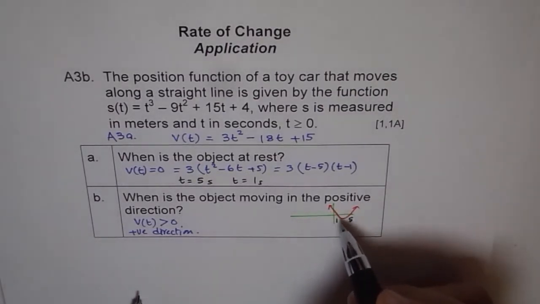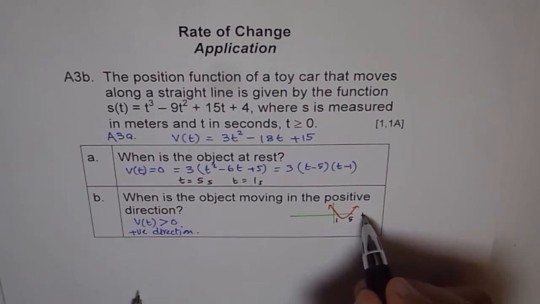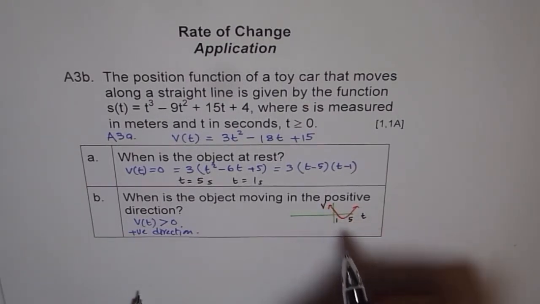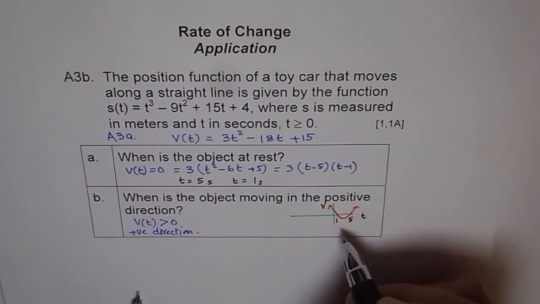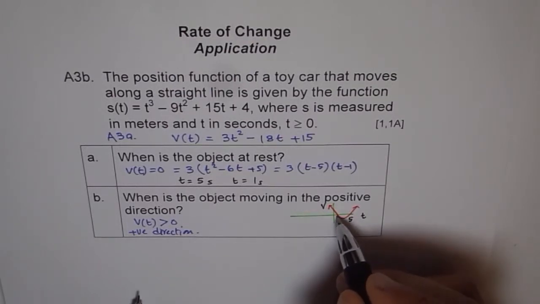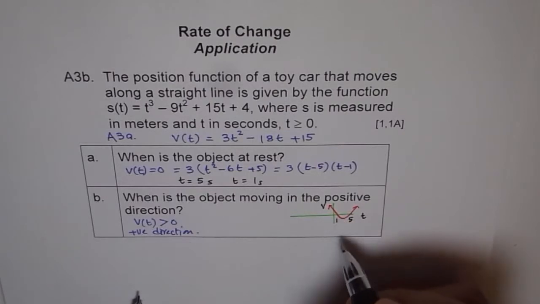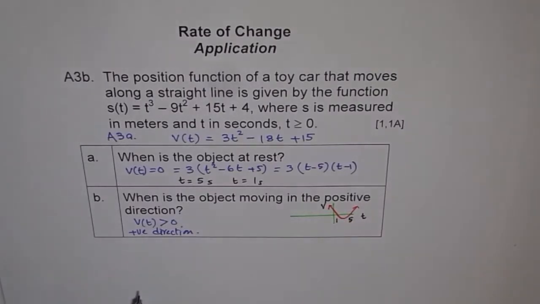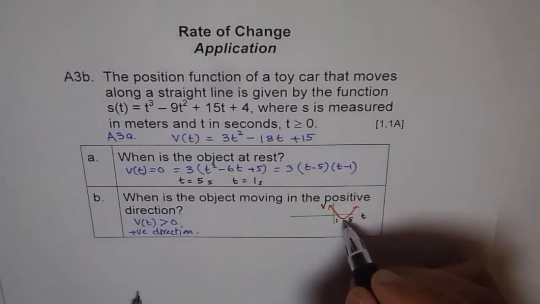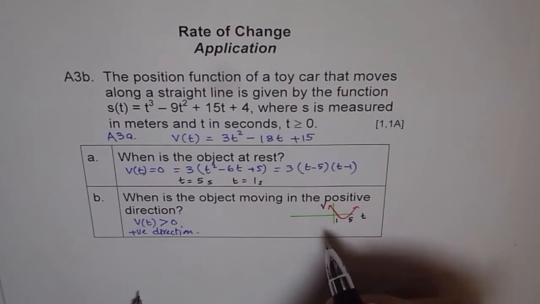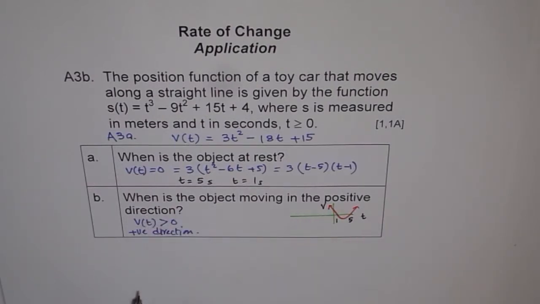This axis is time and this is velocity, correct? As the graph goes down, the car is slowing down. Here it becomes 0 and then it goes into the negative direction. That is what it means at the x-intercept. At this point it changes direction. Do you understand? So when is the object moving in the positive direction?